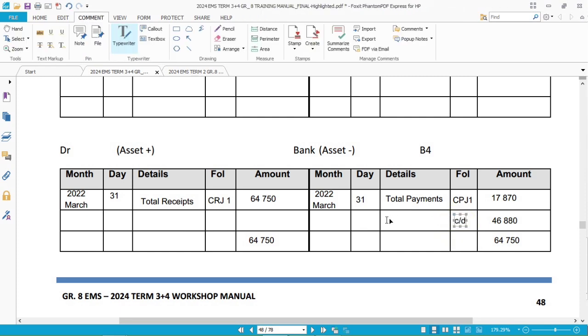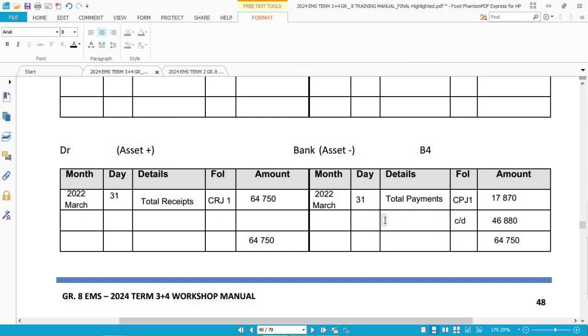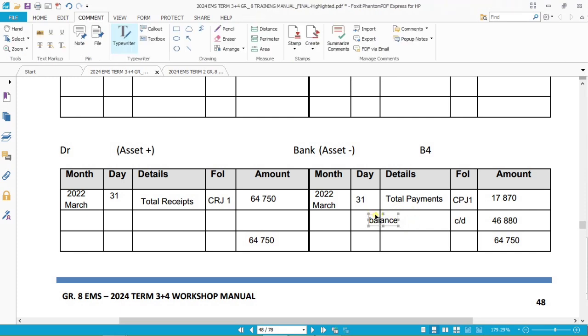A long time ago we used to write CF, carried forward. Now you write carried down. Here you write balance. Then this amount, you take it down here, all the way down. You don't draw the arrow. I'm just drawing the arrow so that I can show you what you're doing. Here you just have to expand this so that the lines go all the way here.